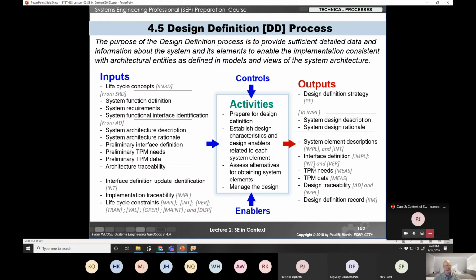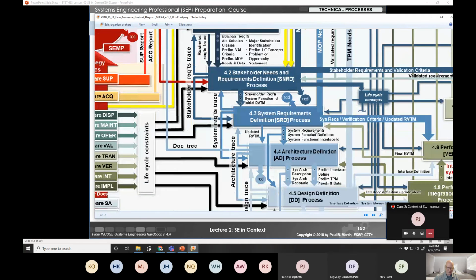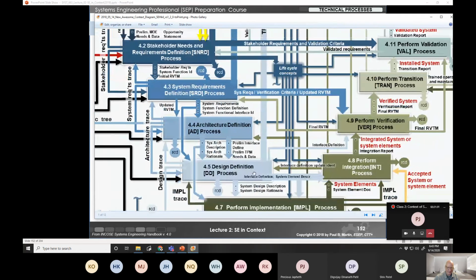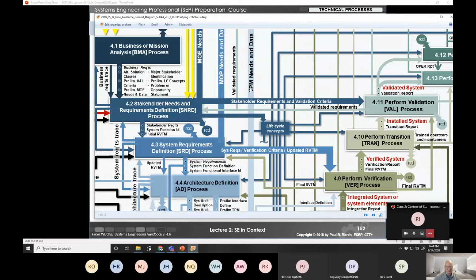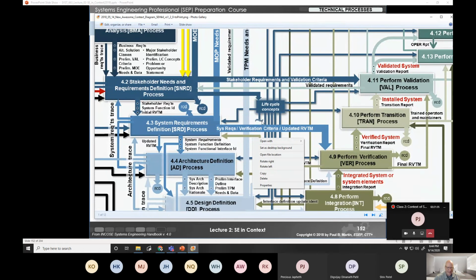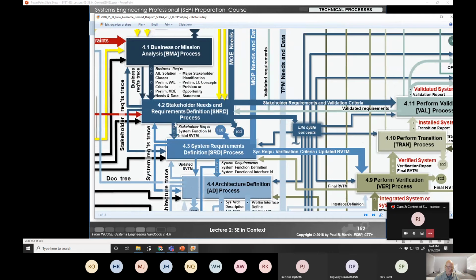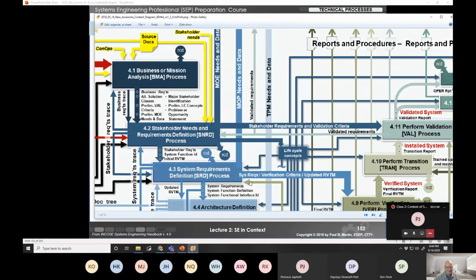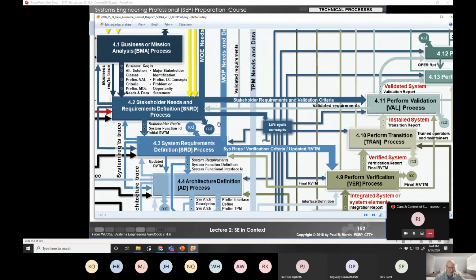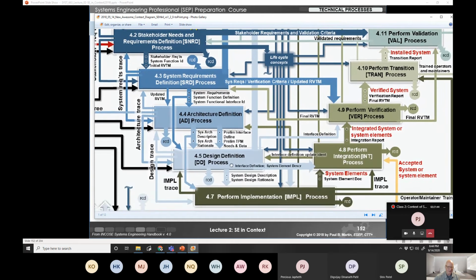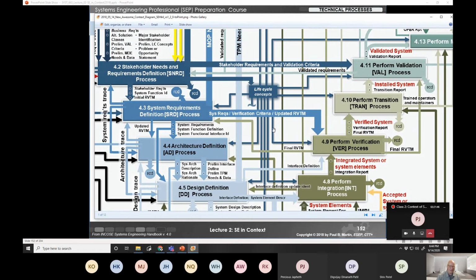So your main output here is your system design description, but your system element descriptions as well. And notice here that your technical performance measures are now one of your main outputs. So stakeholder needs gives you your MOEs, system requirements gives you your MOPs, and your design definition gives you your technical performance measures.